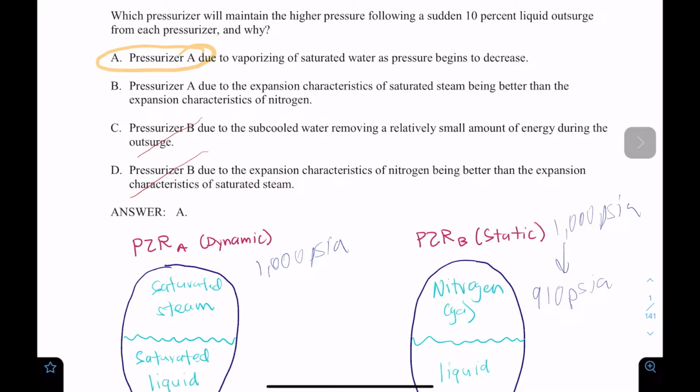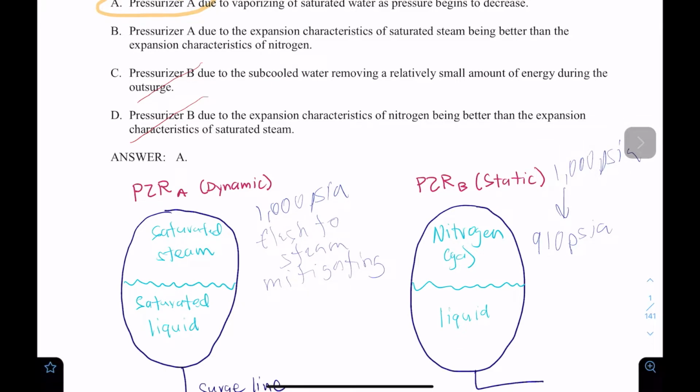Now, this other one, the flash to steam, is mitigating. Because it's a dynamic system, I can't just calculate it very easily, but I can deduce that I'm not going to go directly 10% below.